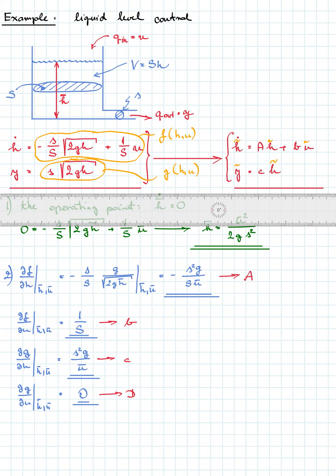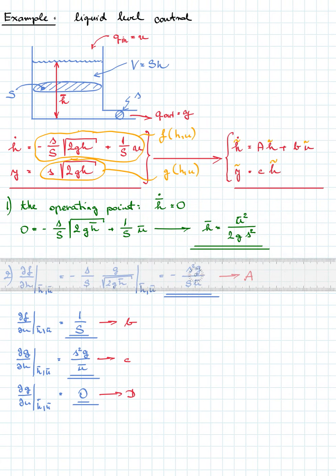And there is a technique of linearization to get the linearized approximation system of this nonlinear system at the operating point. So the first step is to get the operating point. At the operating point, h bar dot is 0 because the operating point should not move, should not change.